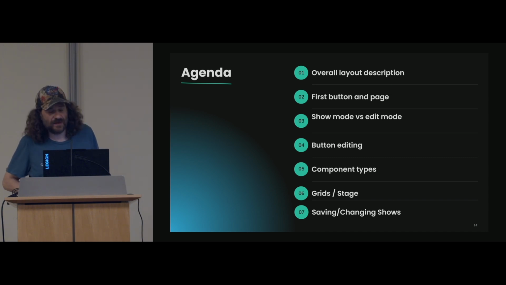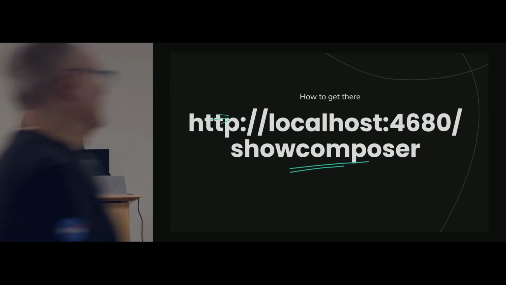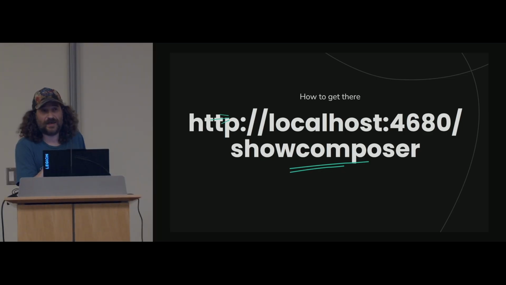I did say we have to open OpenSpace. The other thing we really need to improve in the software is to make it easier to open this up. So how do I get to the ShowComposer?